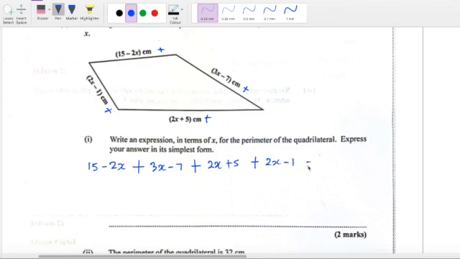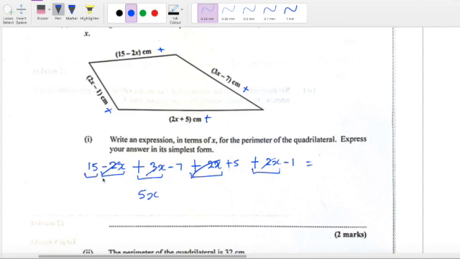Right? And we have the associative law that could help us out. For example, this plus 2x and this minus 2x, well, that'll just give me 0. So I could cross out that. And then I'll have this 2x and this 3x, so that gives me 5x. Now it's just the normal numbers here. I have 15 minus 7 plus 5.